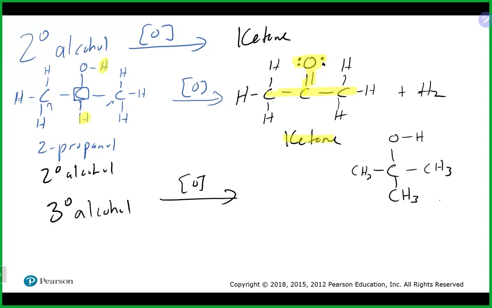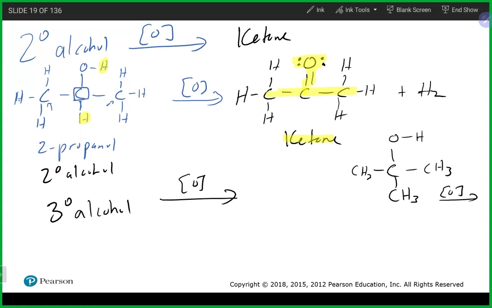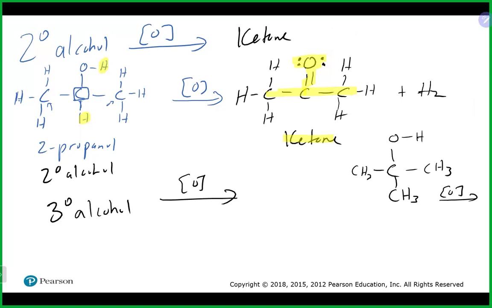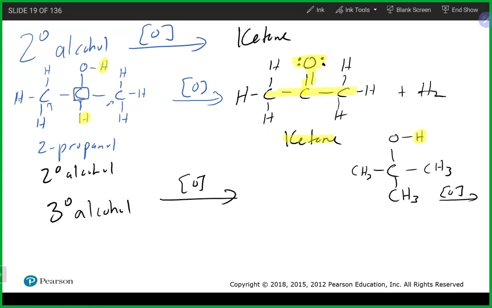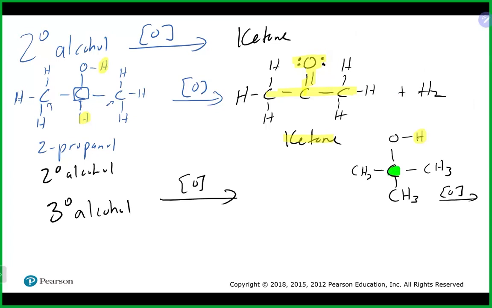All right, and I want to oxidize this guy. Now, what do I need for this first oxidation? I need to remove how many hydrogens? 2. One should be from the oxygen, right? The other hydrogen should come from the carbon.